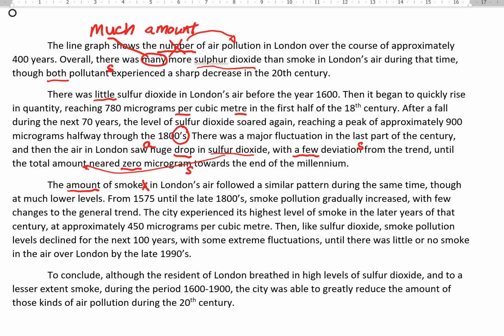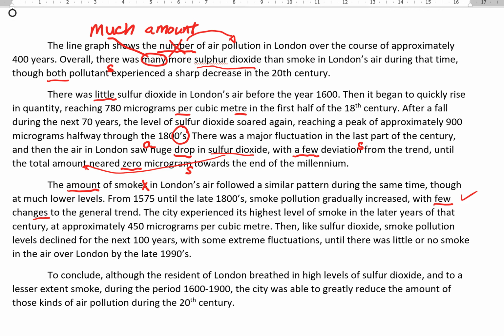The amount of smoke in London's air followed a similar pattern, okay, during the same time, though at much lower levels. So you see levels can be used with the plural with s, that's fine. From 1575 until the late 1800s, smoke pollution, okay, that's fine, pollution is non-count, we don't need an s, gradually increased with few changes, okay, again, changes is count, so we use few with a count noun, not little, that's correct, okay.